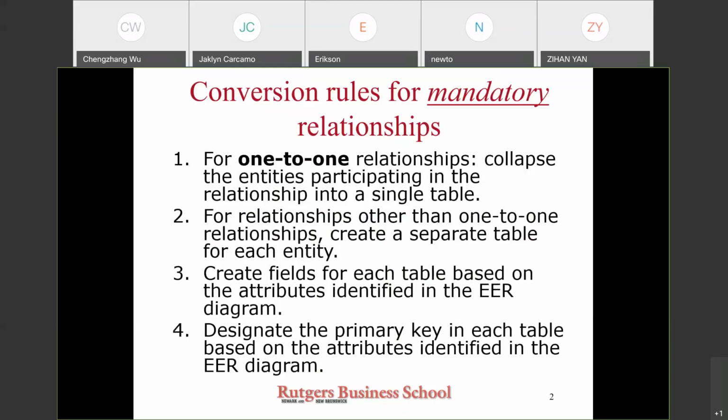Okay. First of all, let's consider the case of mandatory relationships. If you can remember, mandatory relationship is represented with a bar adjacent to that object in the ER diagram. Okay.